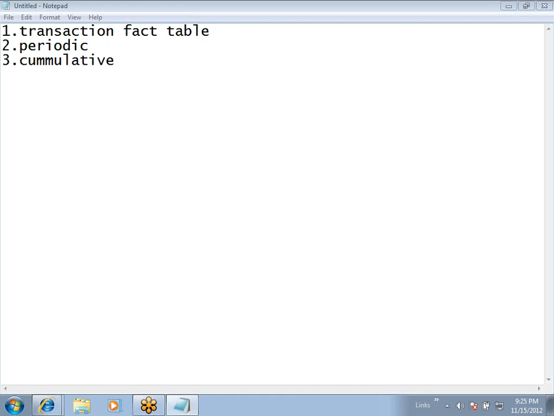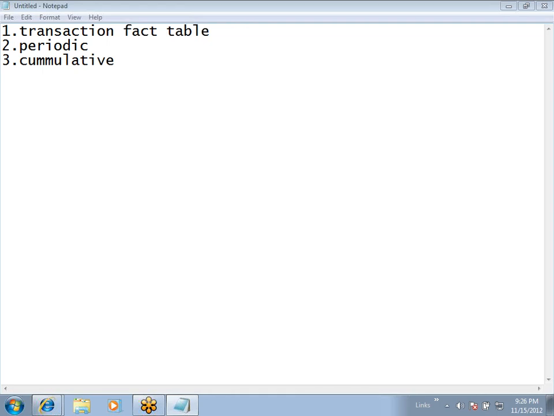Especially with the transaction fact table, aggregation operations are more, because the data available inside this transaction fact table is completely daily transactional data only, and no aggregations have happened. If you are generating a report, to get the summarized data we are going to do more aggregation operations. Once the aggregation operations are done, we are going to load the data into the target. That is about the transaction fact table.